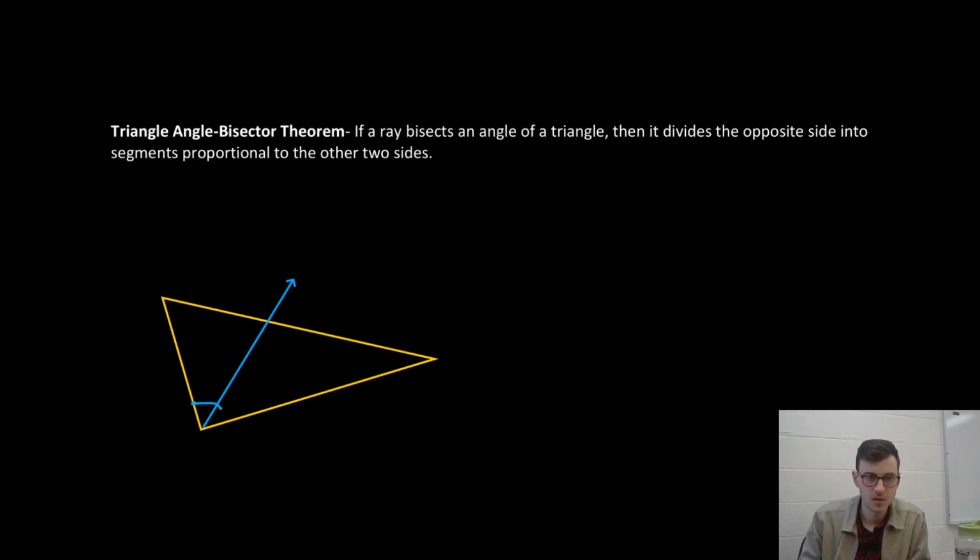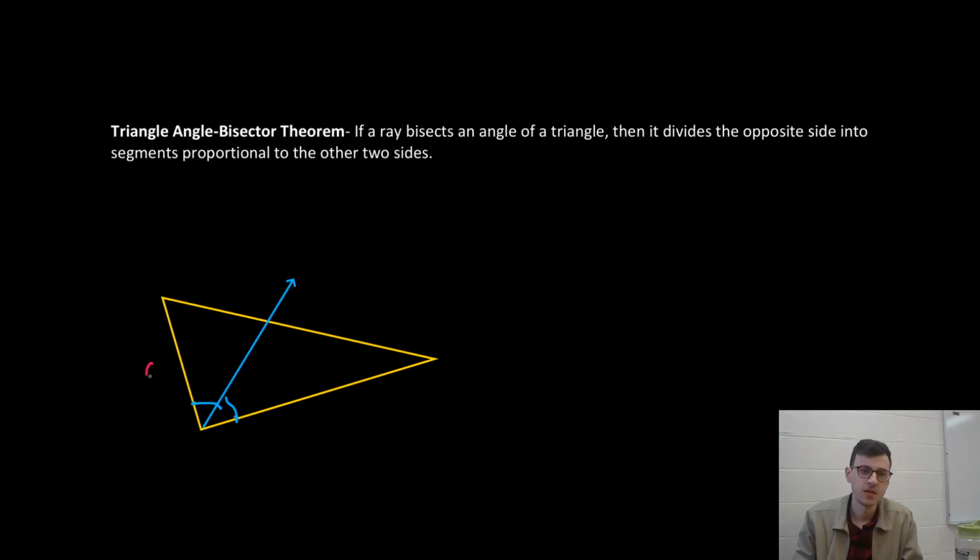So I know that this angle is congruent to this angle. I don't even like those lines. Okay, that angle is congruent to this angle. Great. And again, I'll use some letters because it makes things easier. I'm just talking about segment lengths here.